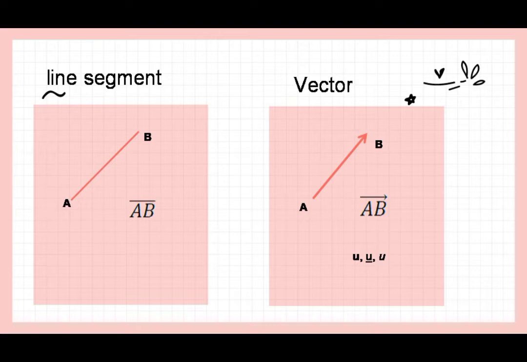To represent vectors, besides writing a capital letter, you can also write a small letter. For example, u in bold style, u in italic style, and u in underline style.